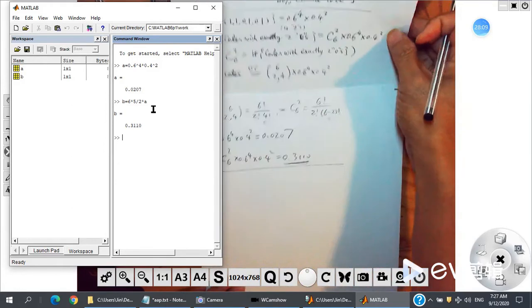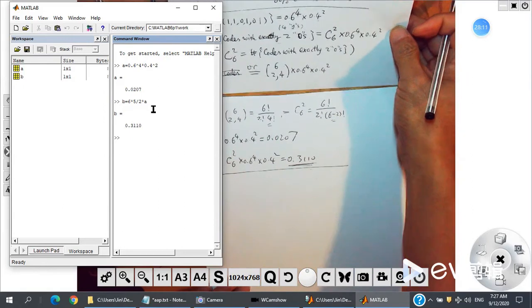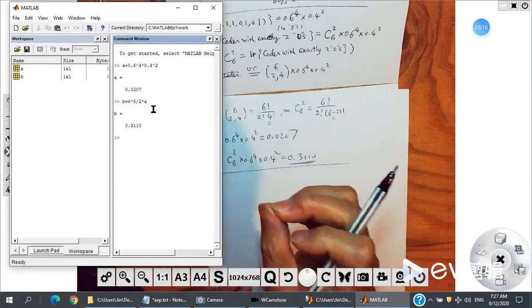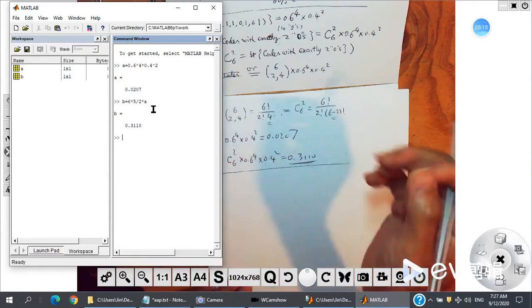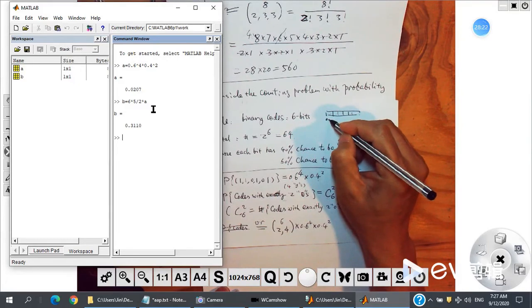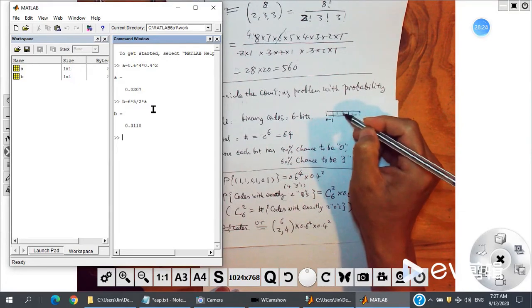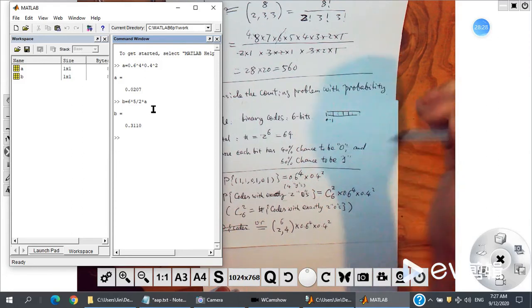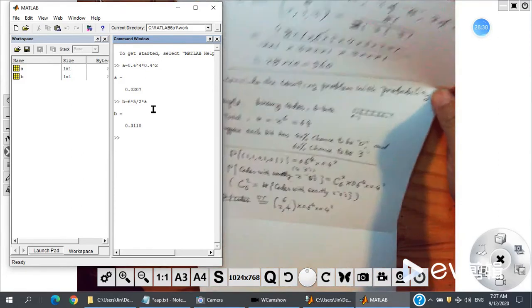All right. This is an example where we pick 6 from 2. You pick binary code, so you just use 0 or 1. You pick 6 numbers from these 2 objects. Pick 6 from 2.